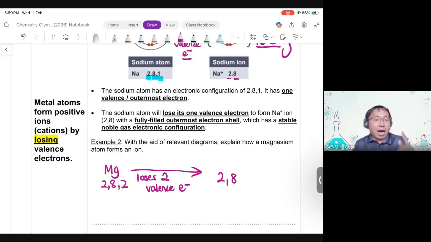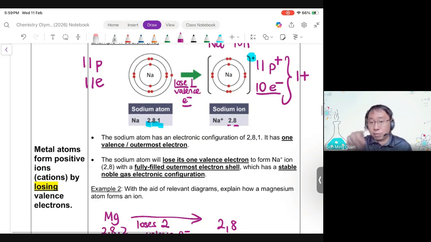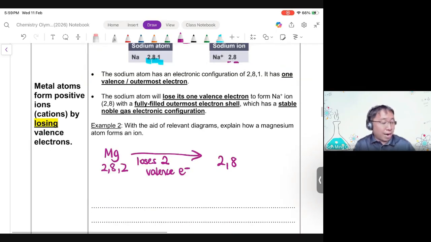Right? But now you know, if I lose 2 electrons, clearly it can no longer be electrically neutral. Just now, sodium lose 1 electron, becomes 1 plus in charge. Now, you can imagine, because it has lost 2 electrons, it will become 2 plus in charge. Okay, so magnesium forms Mg2+ ions.